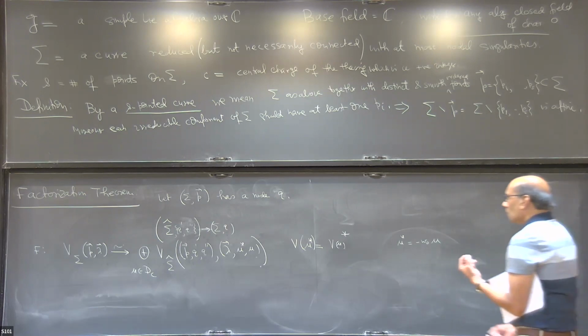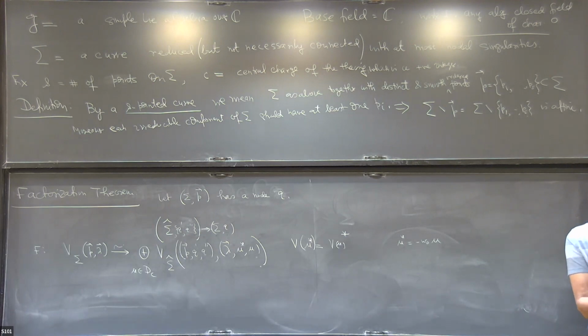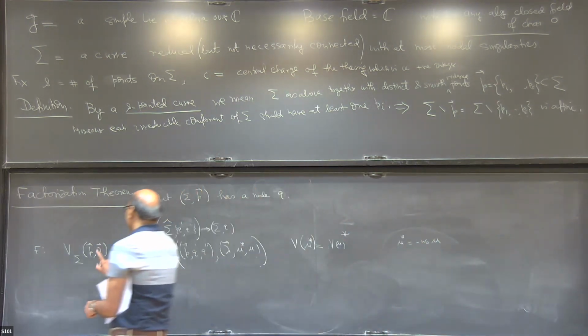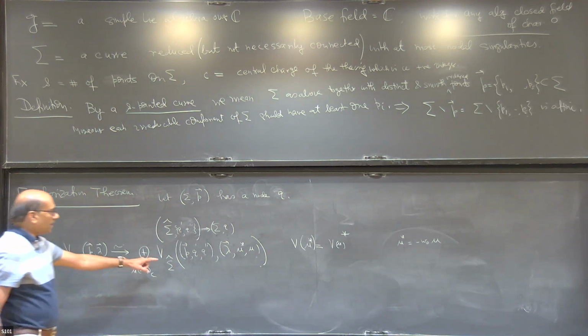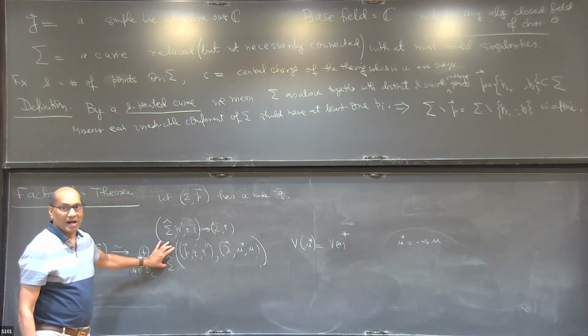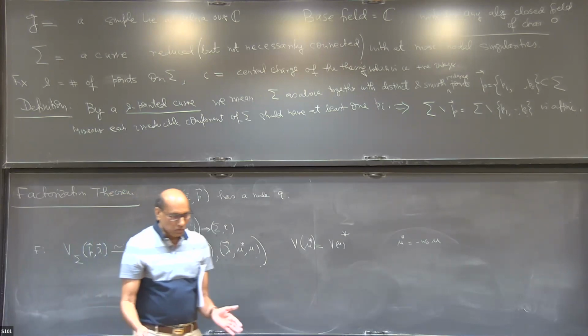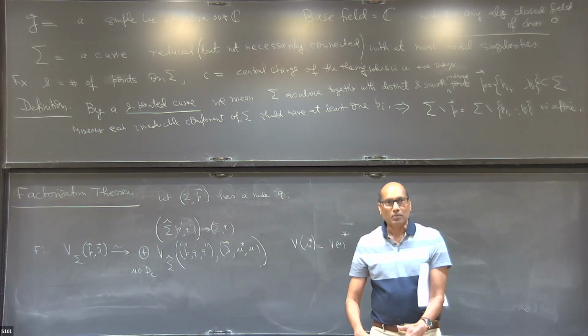Now, what we are going to do, as Darlene already said, you deform the curve, you create a node, you are not changing the genus, right? But now you normalize the curve and you get a genus g minus 1 curve. So you wanted to calculate the dimension of this space, which is a calculation on a genus g curve. But here you are calculating the same thing on a genus g minus 1 curve. But what happened is that you pay the cost by adding 2 more points. Right? So you keep going.